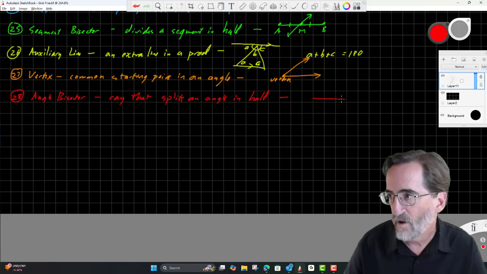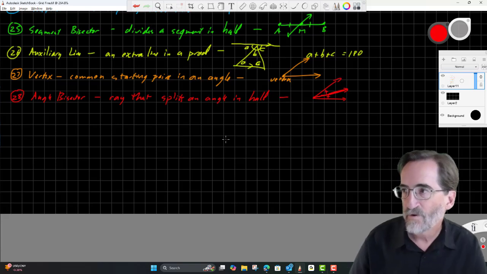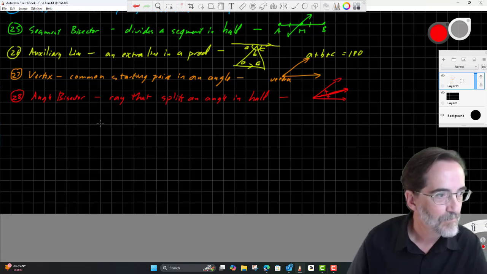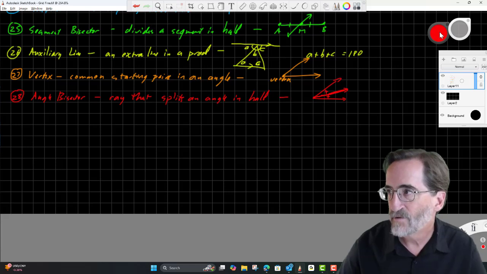Example, got an angle. It's the ray that goes right down the middle, same vertex, but creates two congruent angles. Angle bisector. Perpendicular bisector.